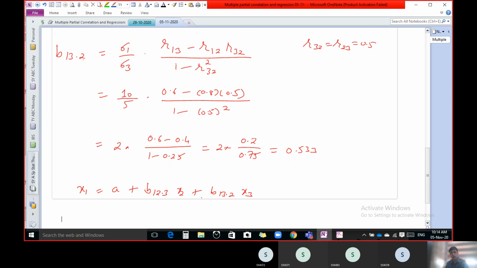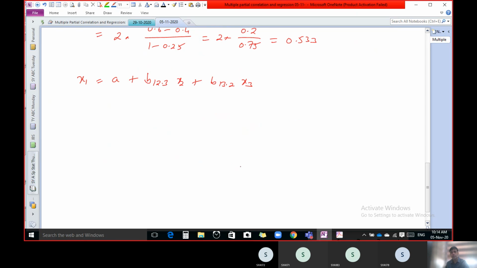Now we know the values of b, and now calculate the value of a. So just take these two terms to the left side: x1 minus b12.3 x2 minus b13.2 x3. But instead of x1, x2, x3 you would write x1 bar, x2 bar and x3 bar.